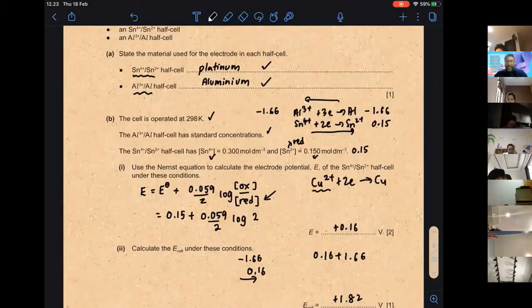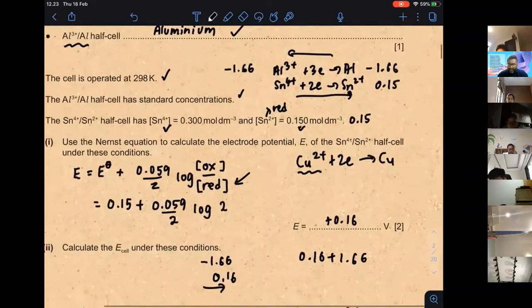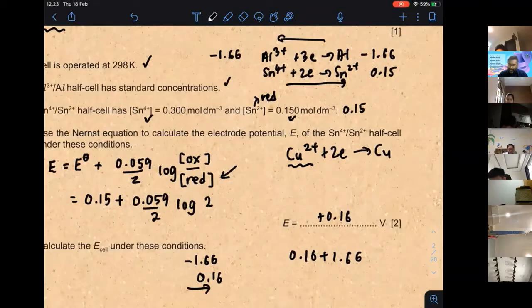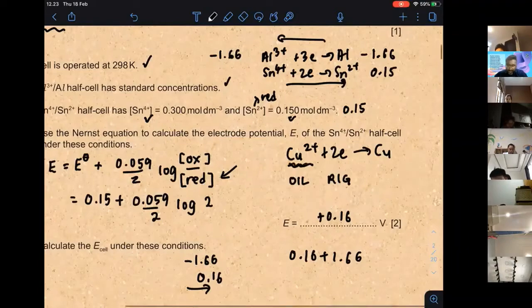Now, it is very important to find out which one is the oxidized form and which one is the reduced form. So here, anything that is plus electron, you see OIL RIG: reduction is gaining of electrons. So this is going to be reduced, and copper is the reduced form.